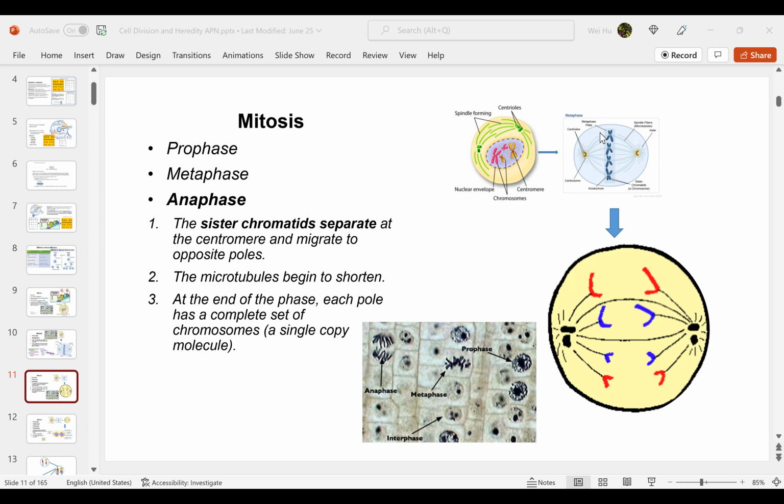You start with 4 chromosomes, now it's 8 chromosomes in anaphase. Each side you have 4. Okay, so which one is this? This one is anaphase.